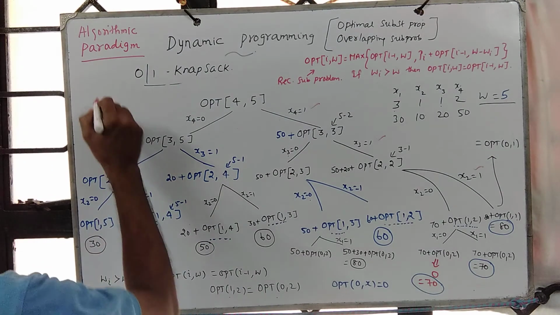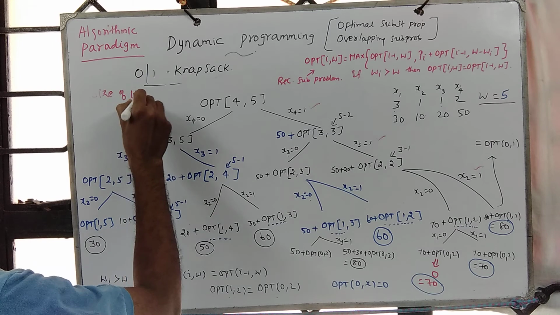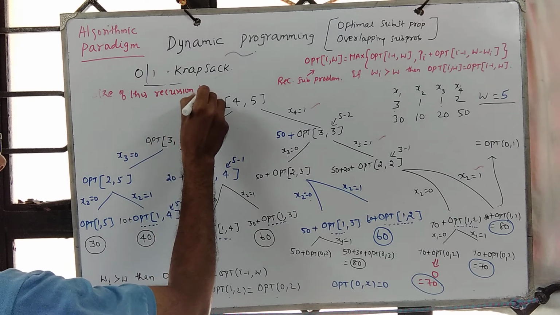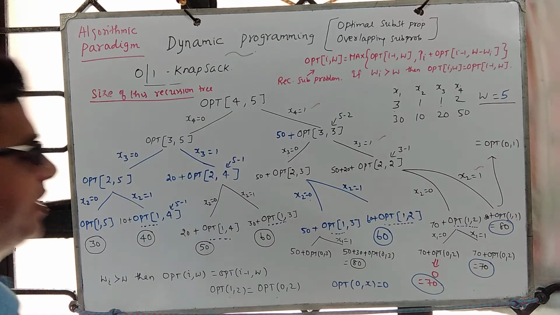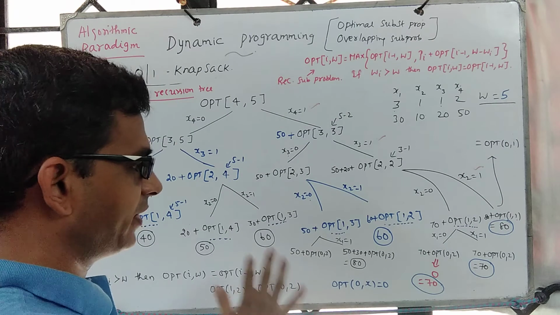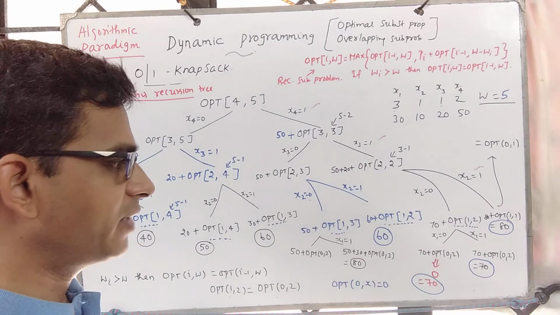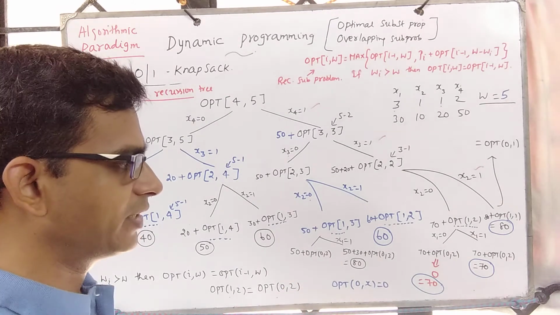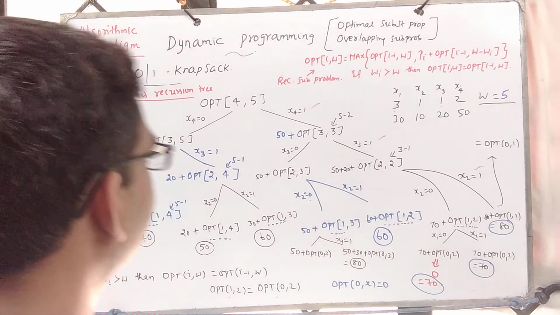So what is it that we want? Size of this recursion tree. Once we estimate the size of this recursion tree, we will get to know how many subproblems there are. If there are an exponential number of subproblems, then the underlying brute force algorithm or simple recursive solution will take exponential time.